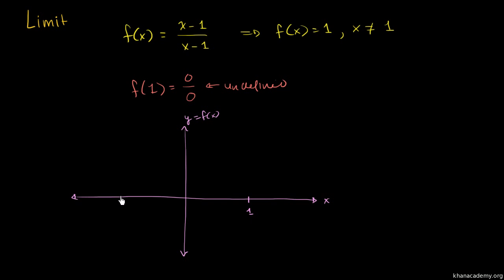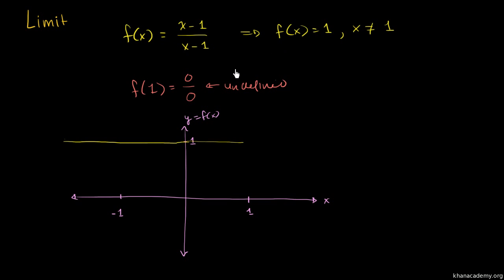This over here would be x is equal to negative 1. This is y is equal to 1 right up there. And let me graph it. So it's essentially for any x other than 1, f of x is going to be equal to 1. So it's going to look like this.